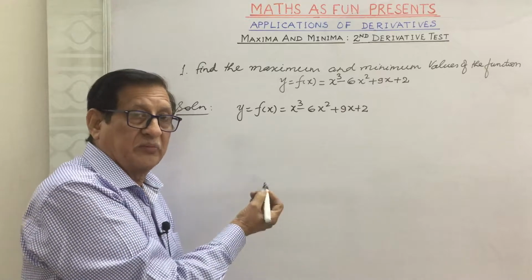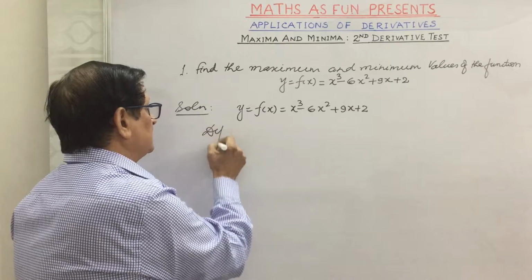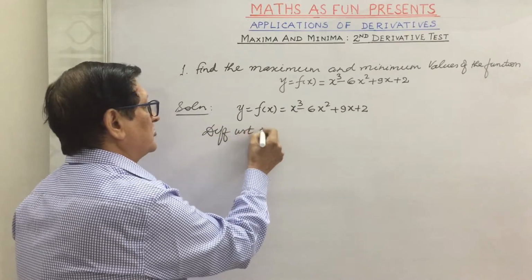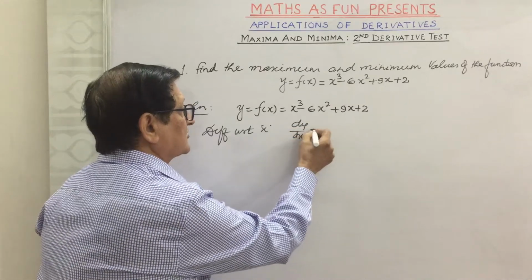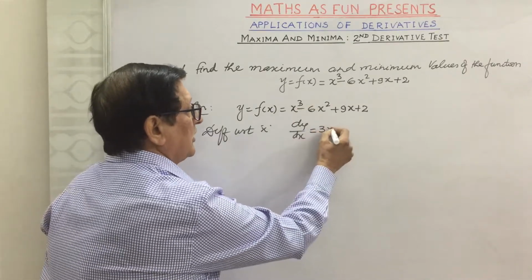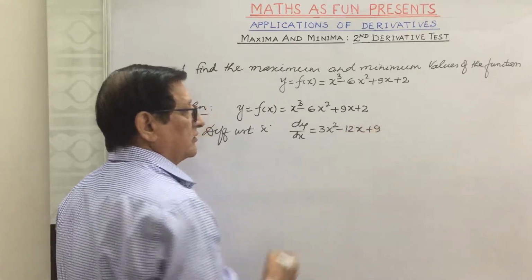Then the first step will be to find the derivative of it. So we will write, differentiating with respect to x, we get dy by dx is equal to 3x square minus 12x plus 9.